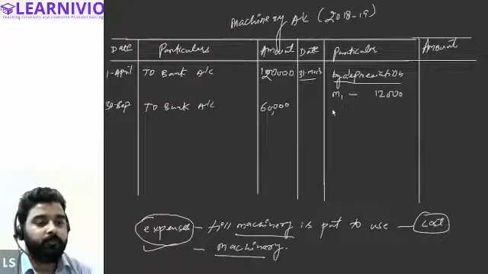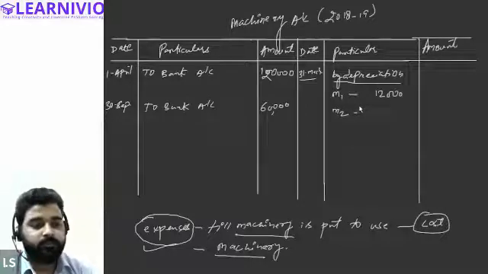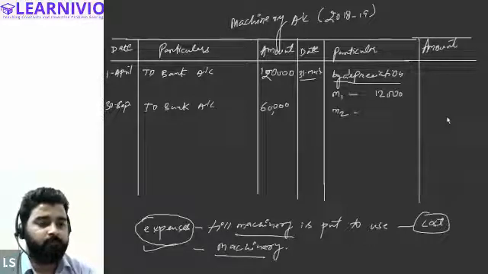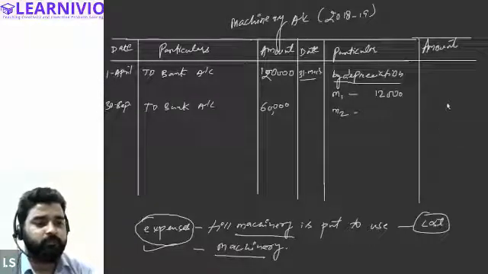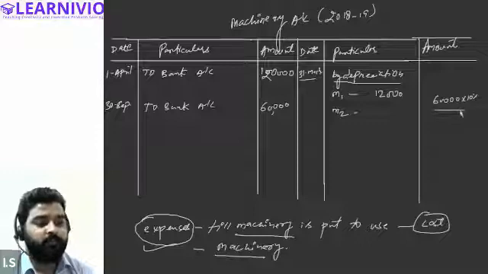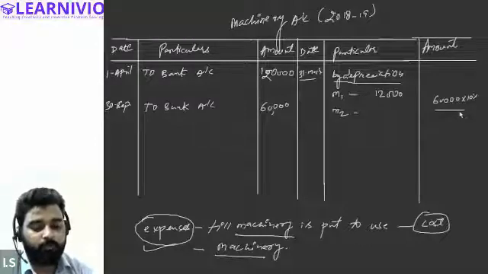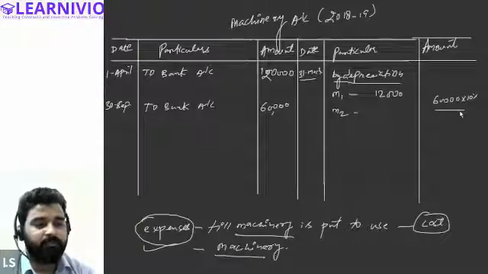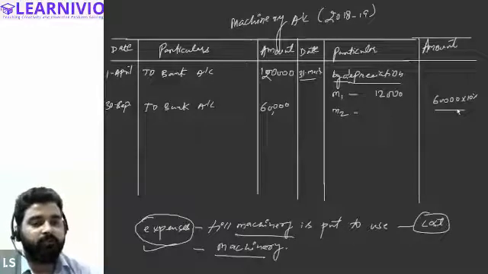12,000. Okay, and machinery 2 is purchased on September 30, so we are buying at the end of the month.